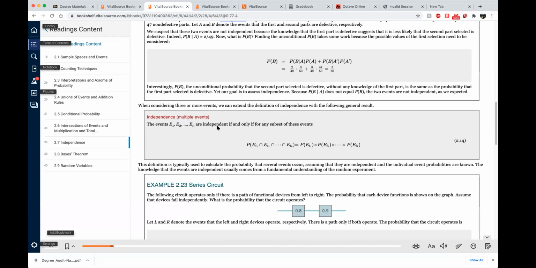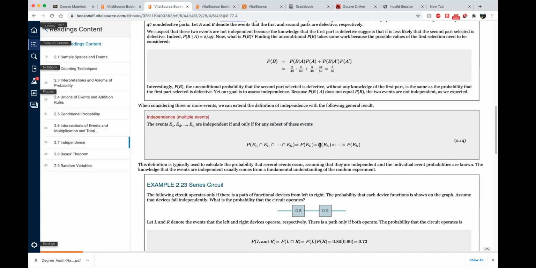E1 through En are independent if and only if, for any subset of these events, EI1 through EIK, which are any subsets among E1 through En, the probability of the intersection of these subset events is equal to the multiplication of each probability. I was confused for a second, but never mind; I think there is a typo in the slide.